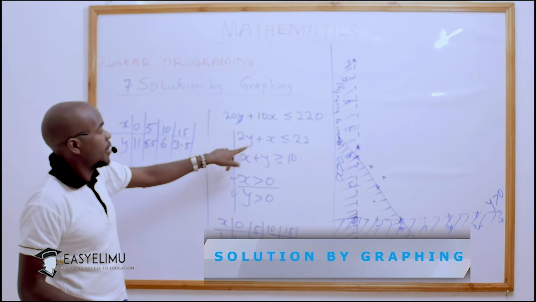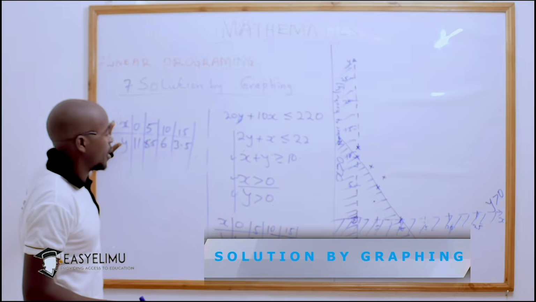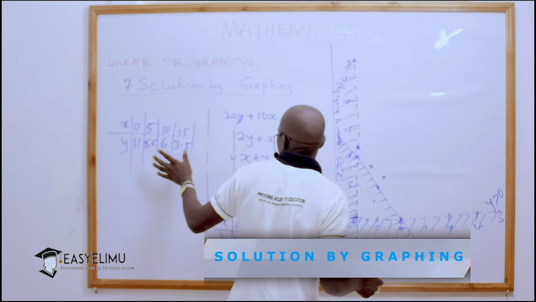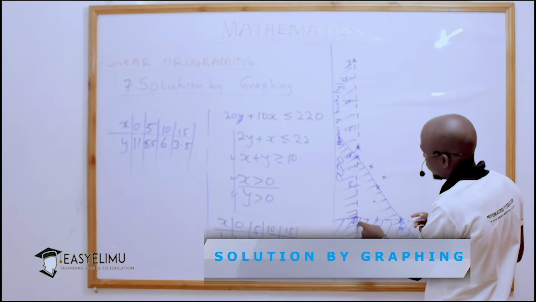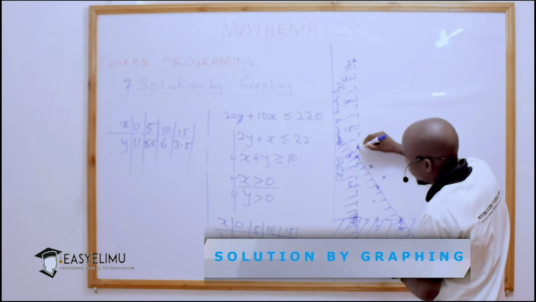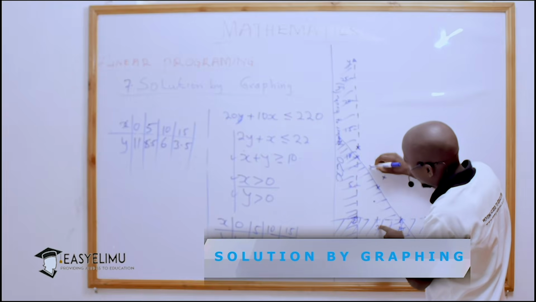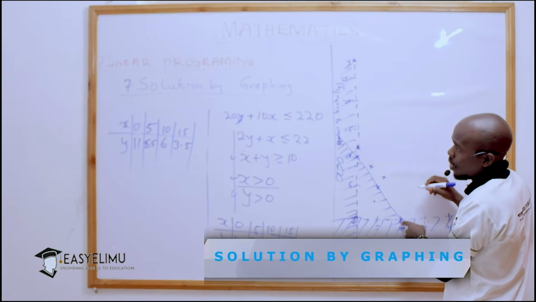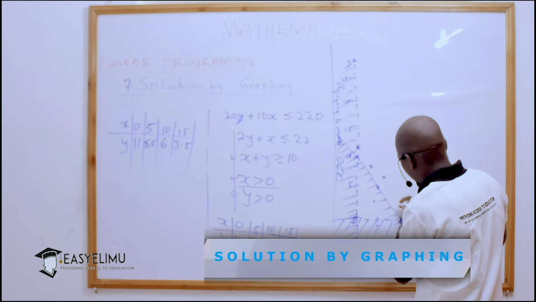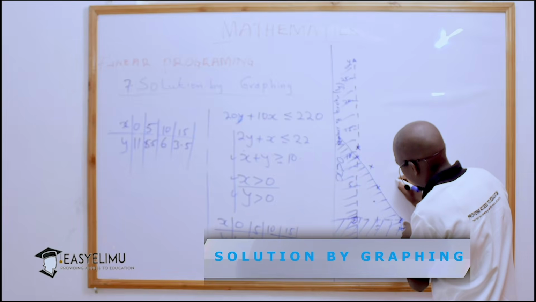So for the inequalities this way, we can find this by graphing that. After finding the values respectively, we can say if x is 0, y is 11, and if x is 5, y is going to be 8.5, and if x is 10, y will be 6, somewhere up here.